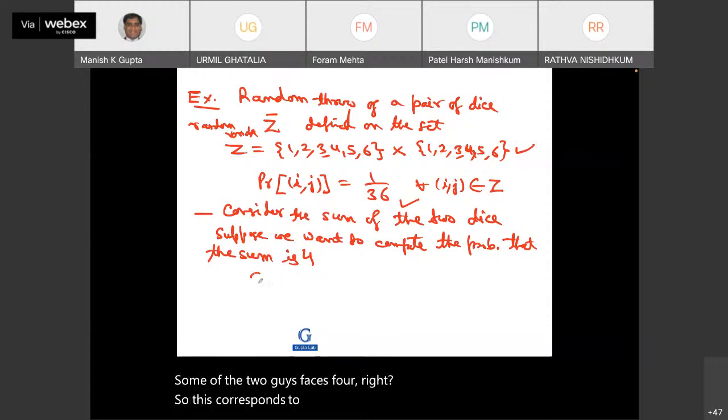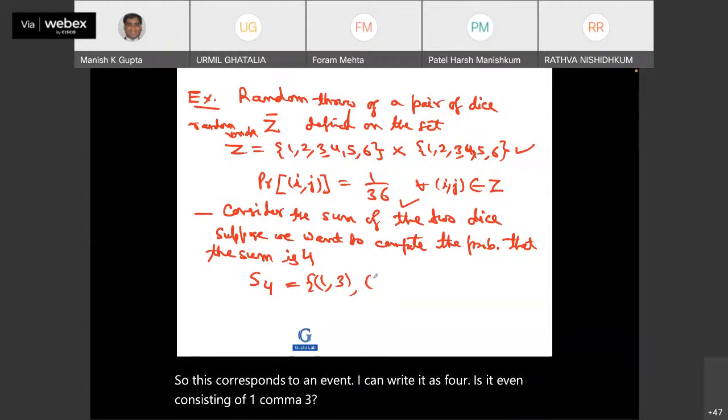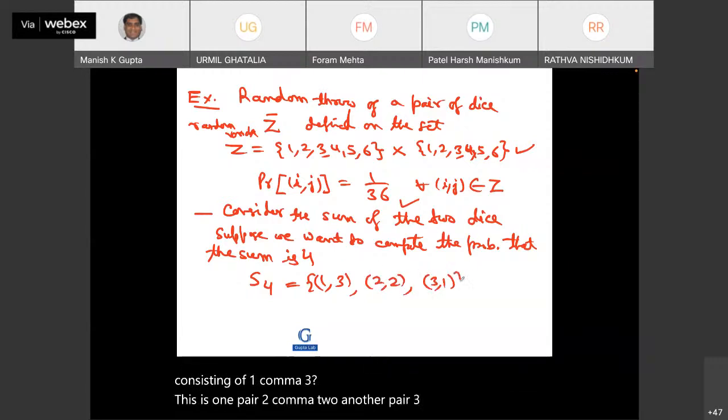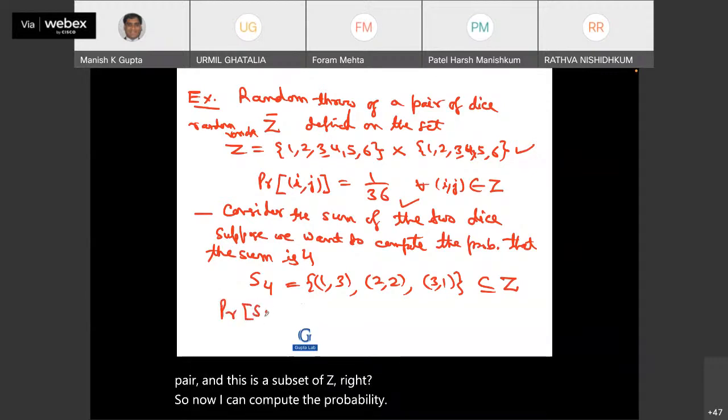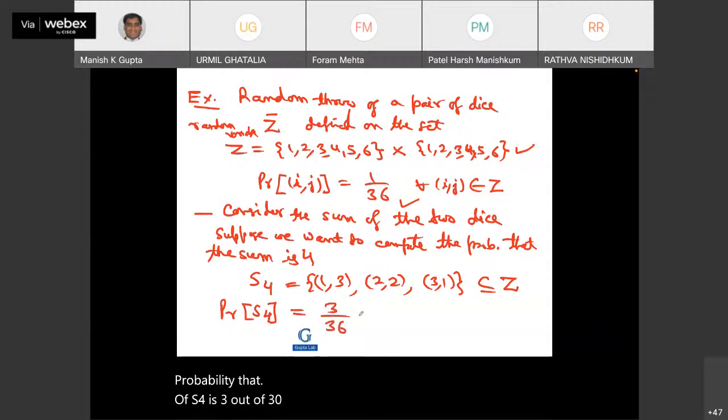I can write it as S4, an event consisting of the pairs (1,3), (2,2), and (3,1). This is a subset of Z. So now I can compute the probability of S4, which is 3 out of 36, easy to compute, which is nothing but 1 by 12.